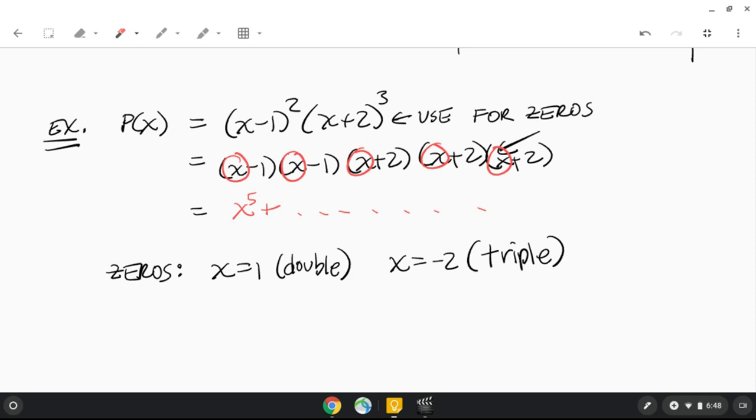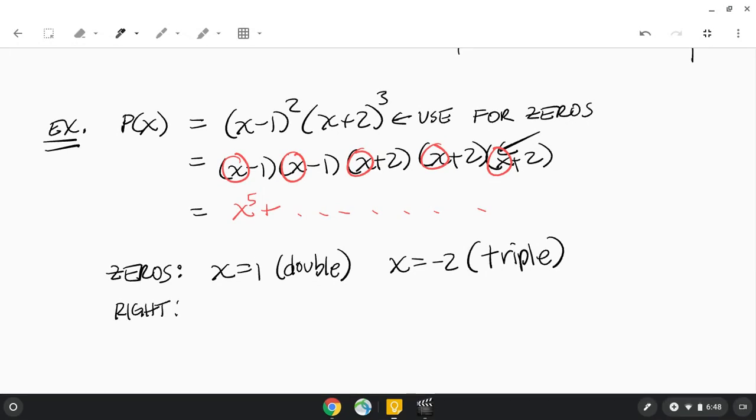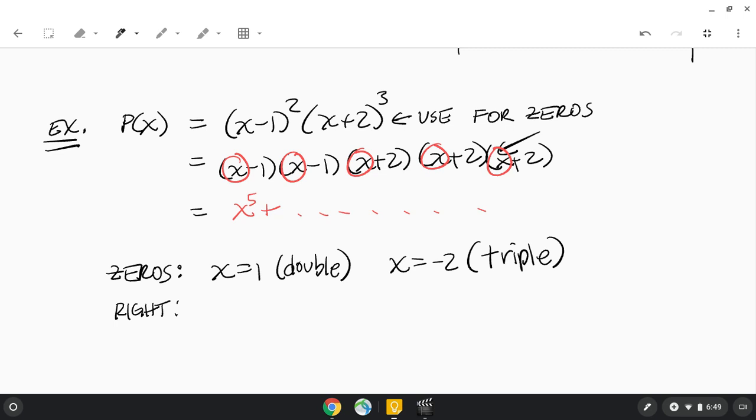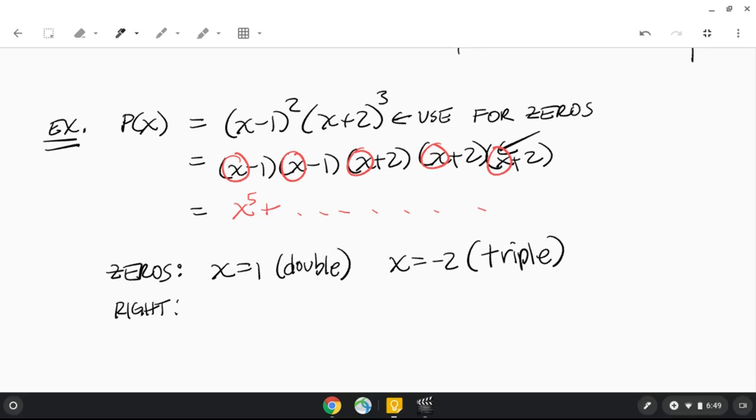So let's go ahead and figure out our right-hand behavior. As x goes towards positive infinity, p of x goes towards positive infinity. So on the right-hand side, it will be going up.